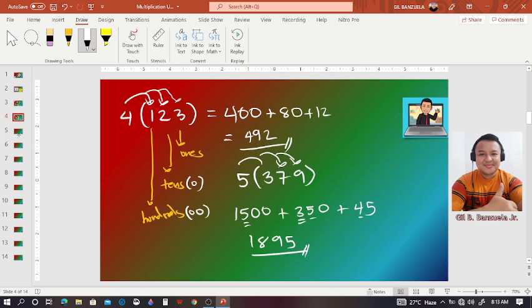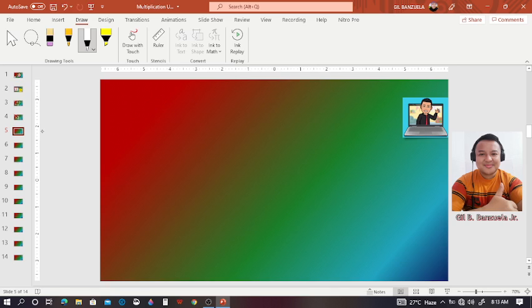So, bago tayo magtapos, bigyan ko pa kayo ng isa pang technique, no? So, sa basic algebra, meron tayong distributive. Yung kanina, distributive. Tapos, meron tayong FOIL method, no? When we multiply two binomials. So, paano natin yan i-apply sa basic multiplication?